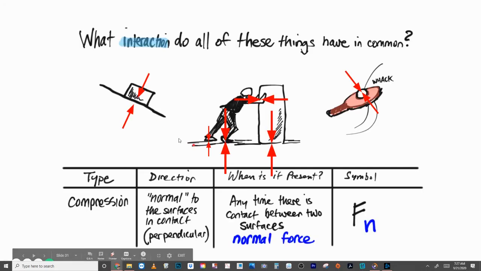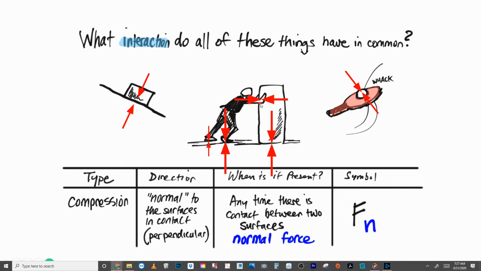Let's look at what those arrows look like. You can see like this block is pushing down onto the surface, and the surface is pushing up onto the block. This shoe is pushing down into the floor, and this floor is pushing up into the shoe, and so on.